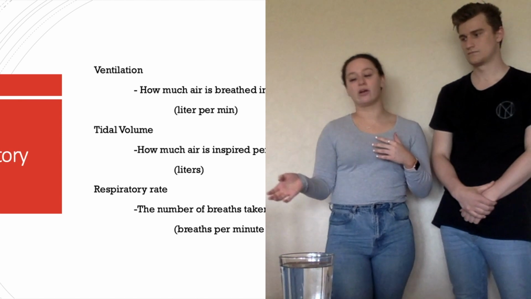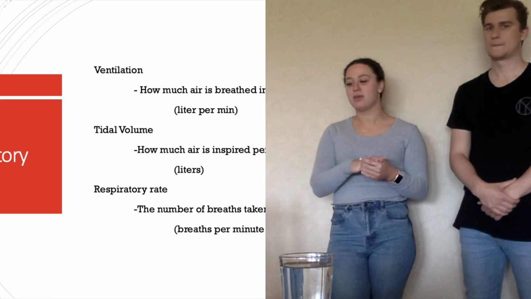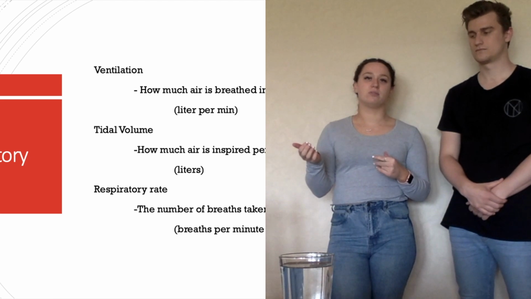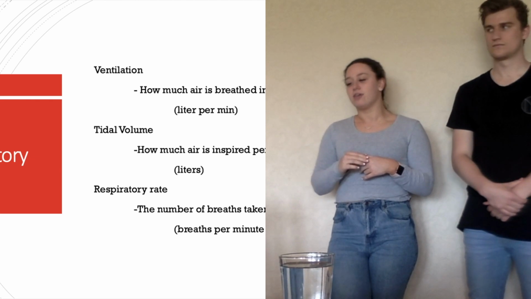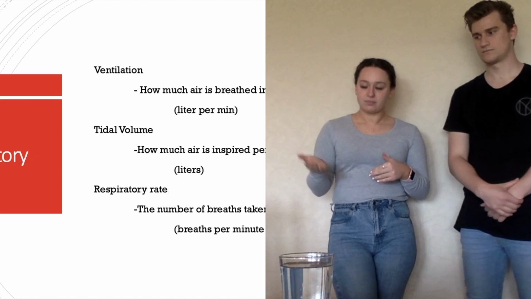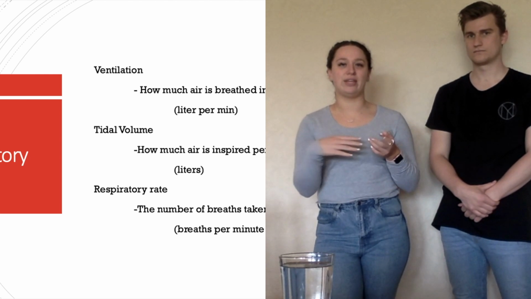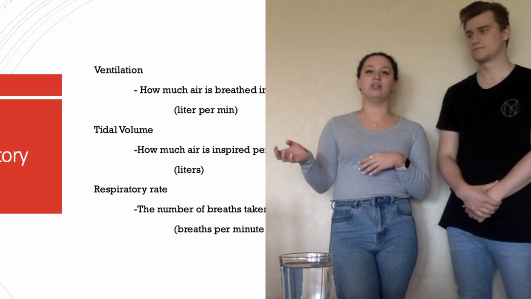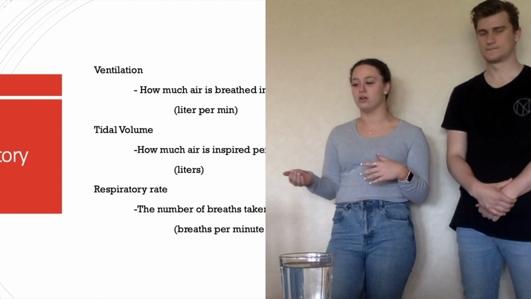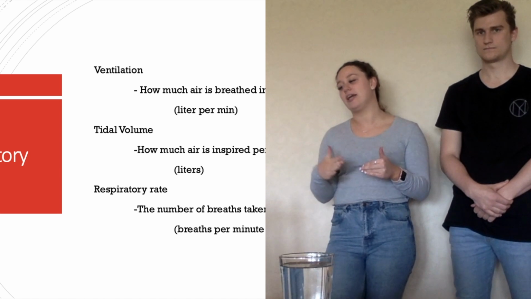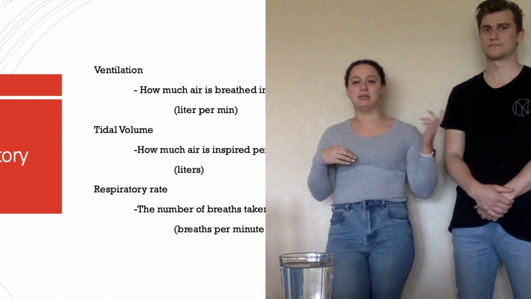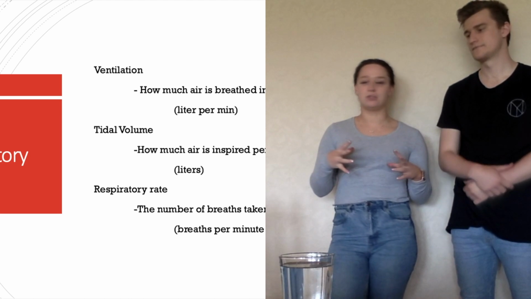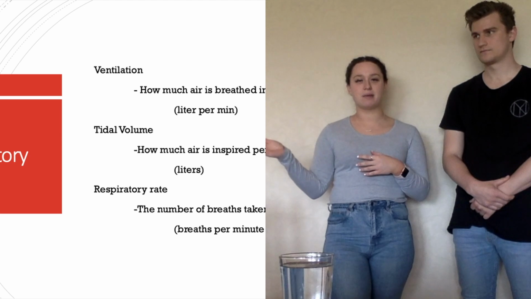So the first thing we're going to look at is the respiratory system and the different acute physiological responses we have. Firstly, we've got ventilation. I highly suggest that you write the definition down and the units that I say go along with it. Ventilation is how much air is breathed in or out in 1 minute, and the unit is litres per minute.